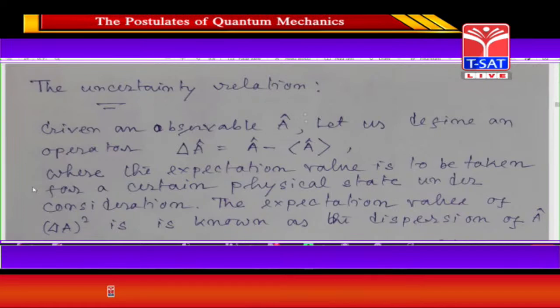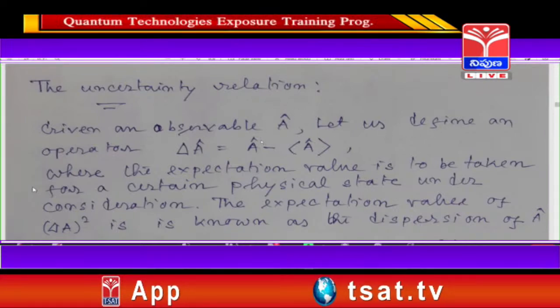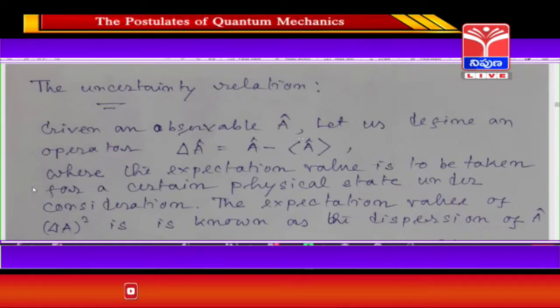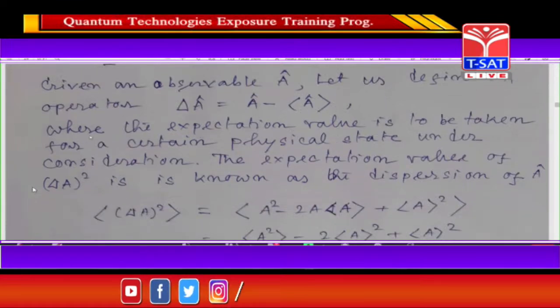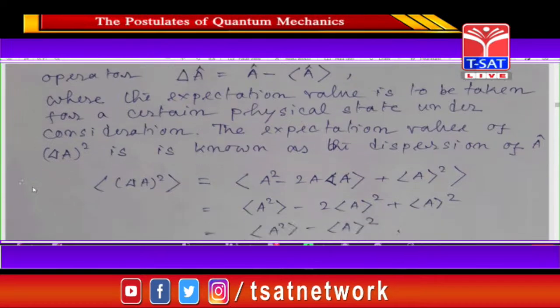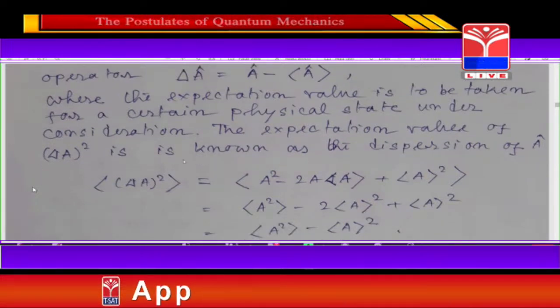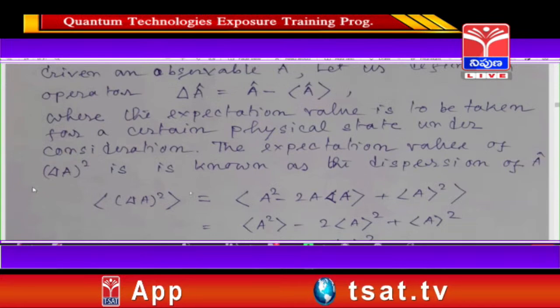So given an observable A, let us define an operator delta A, which is the observable A minus the expectation value of A. But this expectation value is taken for a certain physical state under consideration. So this delta A square gives us basically the uncertainty, and that can be understood like this.